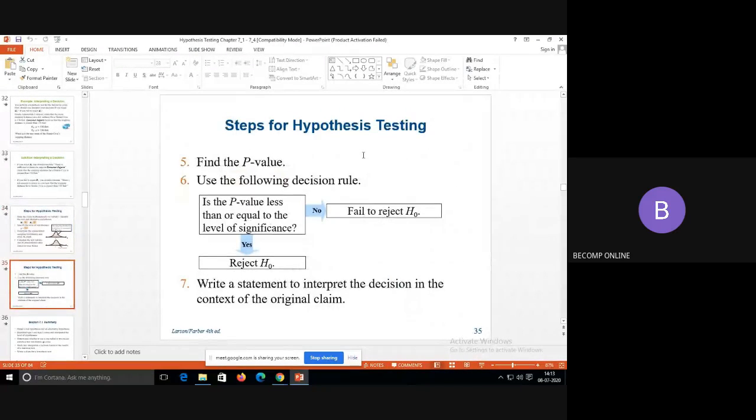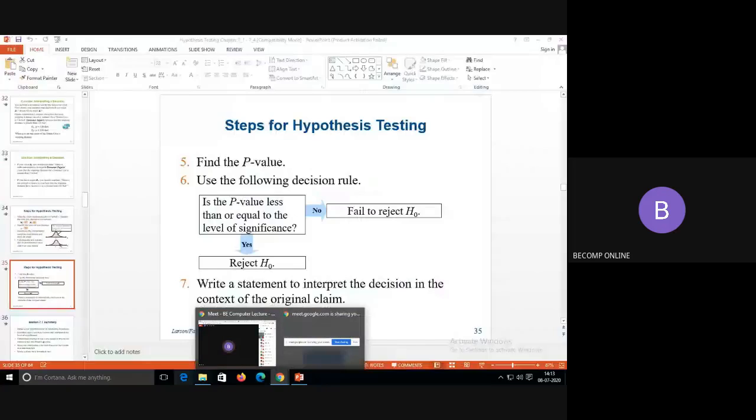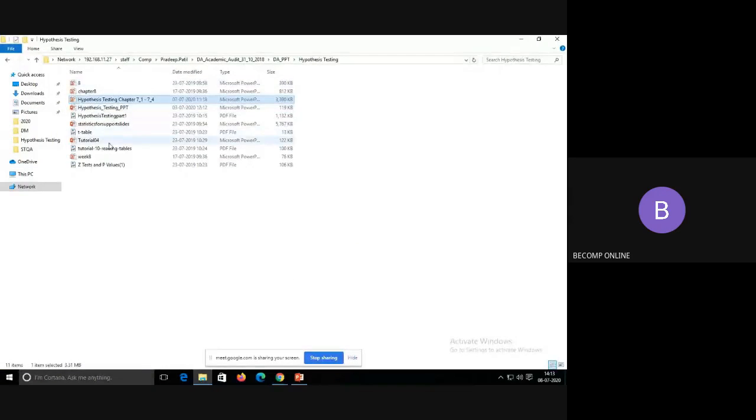In step number 5, you have to find the p-value. This p-value table will be provided. I will show you this particular table.